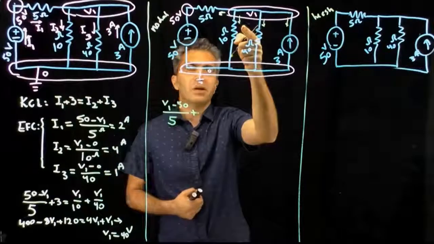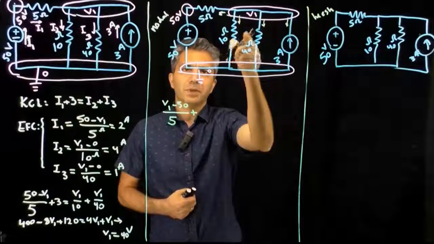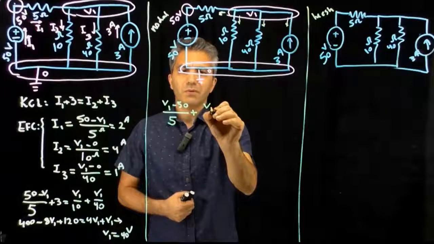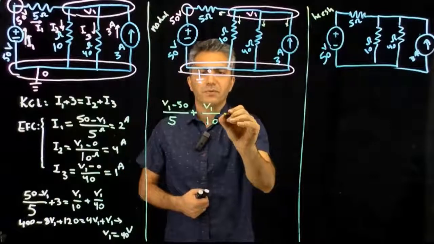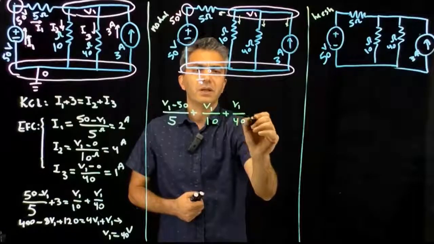The next current, passing through the 10 ohm: again, there's a current leaving that node, and the equation for it would be (V1 minus 0) divided by 10. For the 40, same thing, V1 divided by 40.